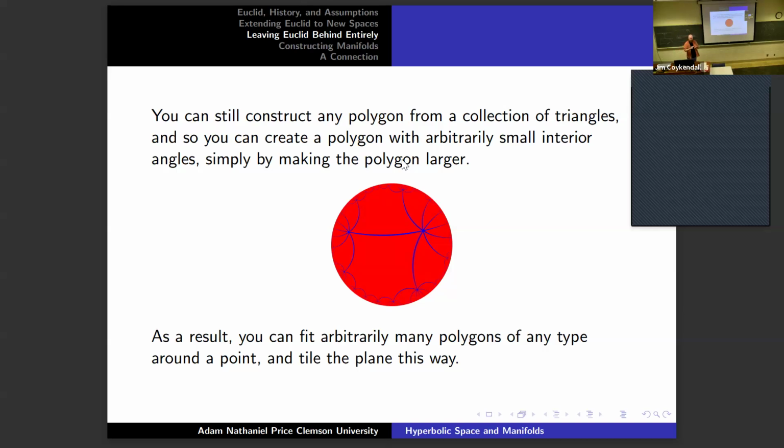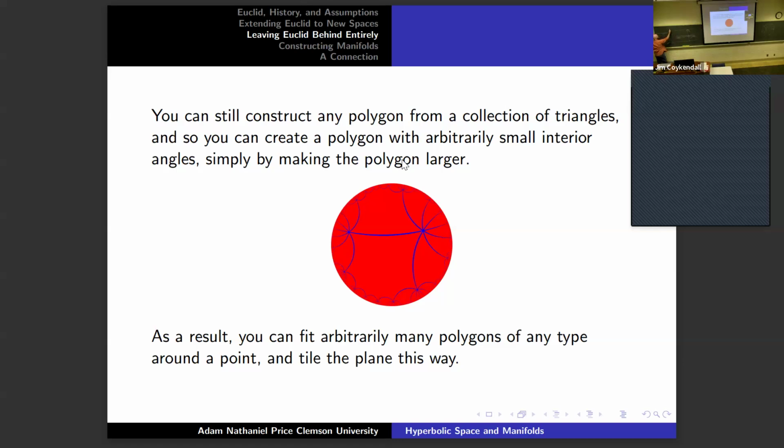And by making these polygons larger, you can make their corners arbitrarily tight. And because we have the fourth postulate of Euclid still in place, where all right angles are the same, the behavior around a point is the same. But now angles of polygons have changed behavior.